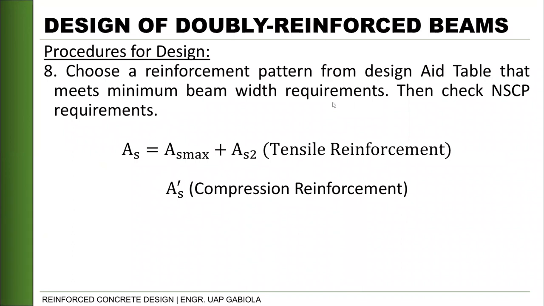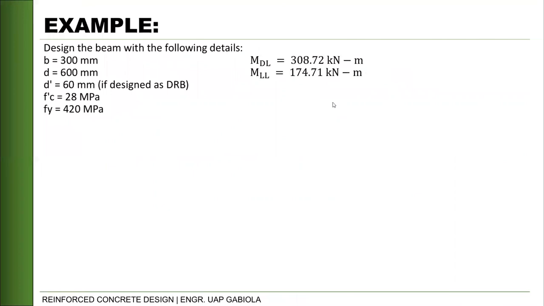Okay, so let's start with an example. Design the beam with the following details. Let's say the beam has a width of 300, effective depth of 600. If it will be designed as a doubly reinforced beam, 60 mm is the distance from the top. We have f'c equals 28, 420 ang fy.